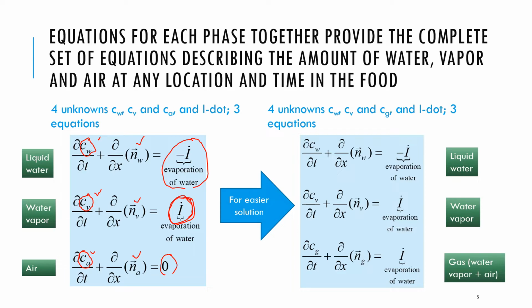So you see, these two are the same, but this one got changed. So it's concentration of gas instead of air here, and the flux of gas. And so when you add them, because it's for vapor and air, there's an I dot that shows up. So these two equations are added in here.